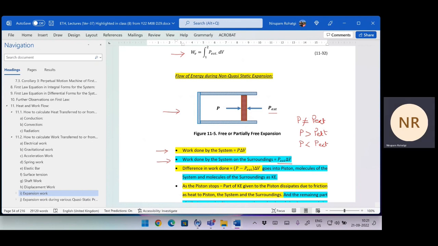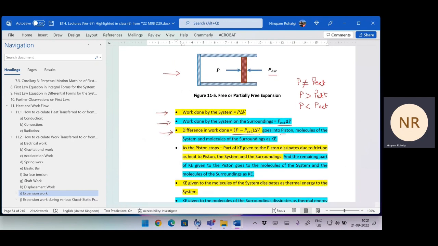But here they are different. Now what happens to this difference in work, (P minus P external) delta V? This work actually goes into the piston, molecules of the system and molecules of the surroundings as kinetic energy.